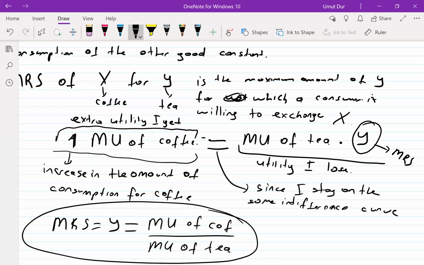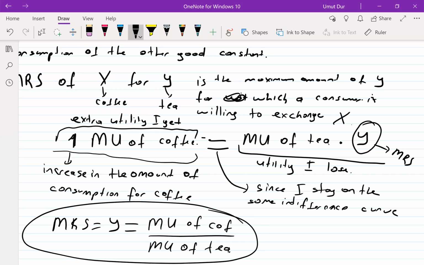We are defining the marginal rate of substitution as this y. Then if you do the math here, you will see that there is a direct relation between the marginal rate of substitution and the marginal utility that you are getting from the coffee and the marginal utility that you are getting from the tea.